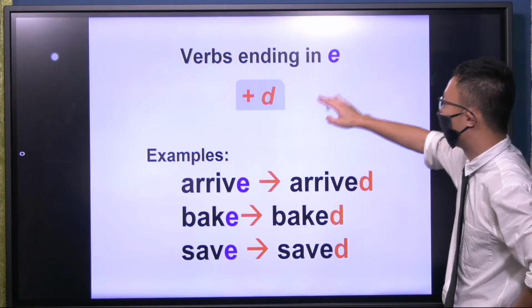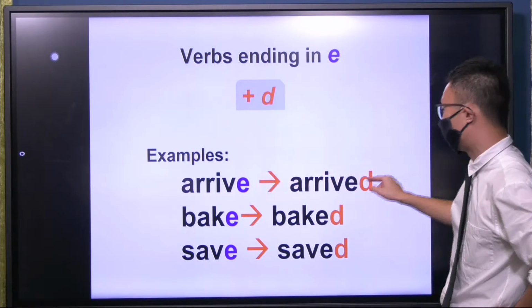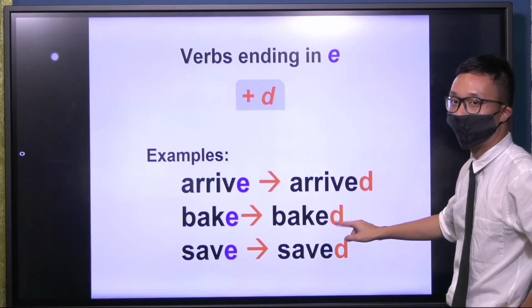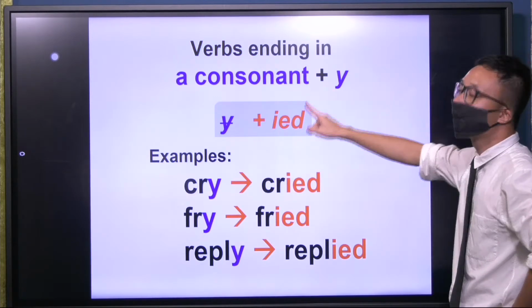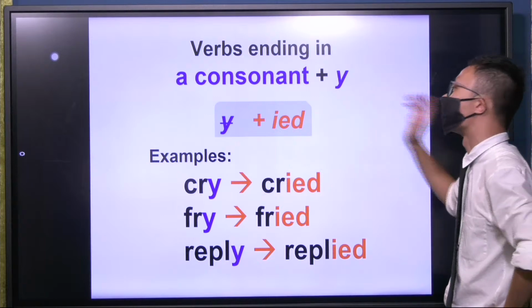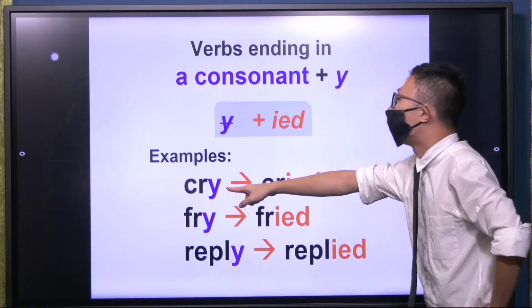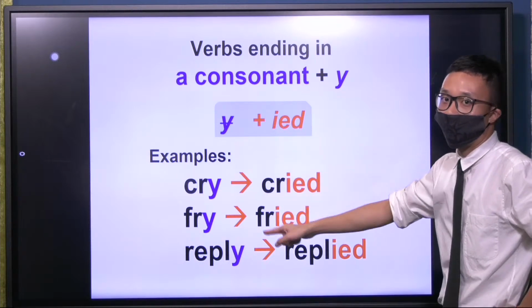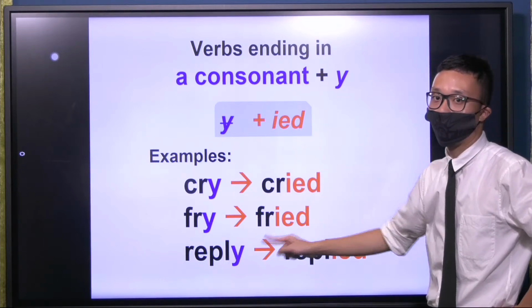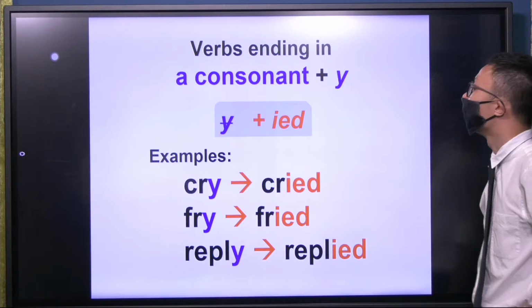And ending with an E, like arrived, you just put a D, because they already give you the E. And for words ending with a consonant plus Y, the same thing as present tense: we drop the Y and put IED, so the same line, right? You see that? Fly. Same thing. Okay.